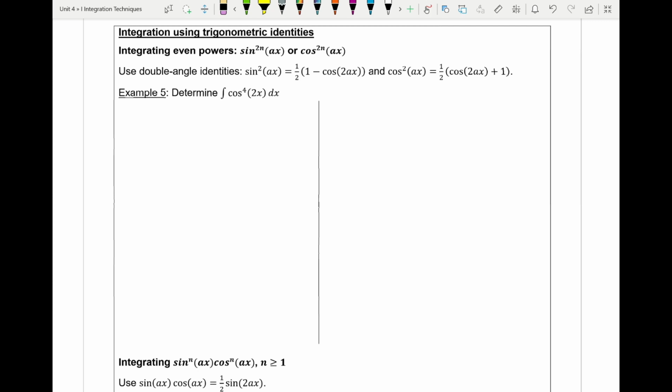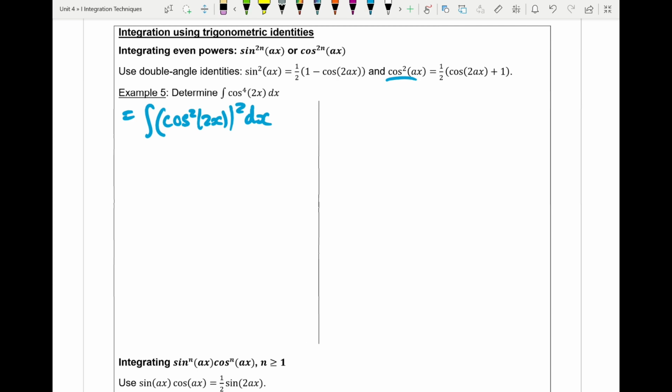So rewriting it out, it's the same as cosine squared squared. So using this identity up here, cosine squared of 2x is going to be a half cosine of 4x plus a half.